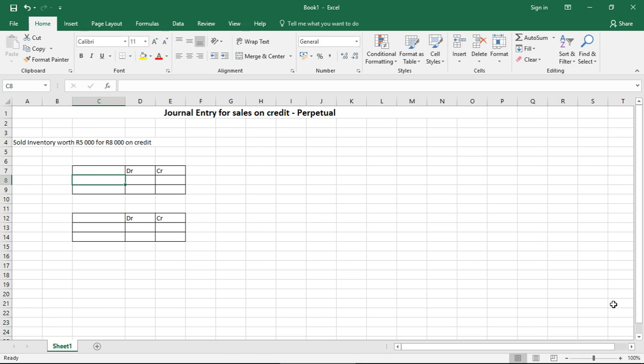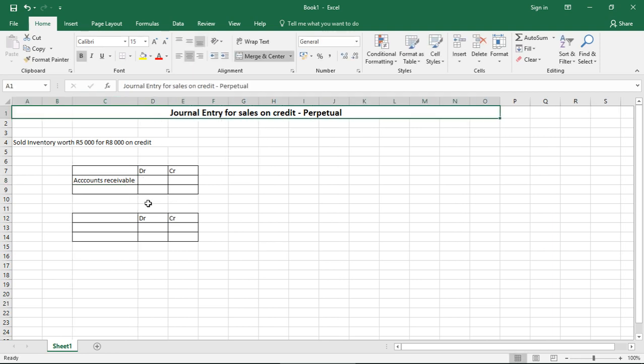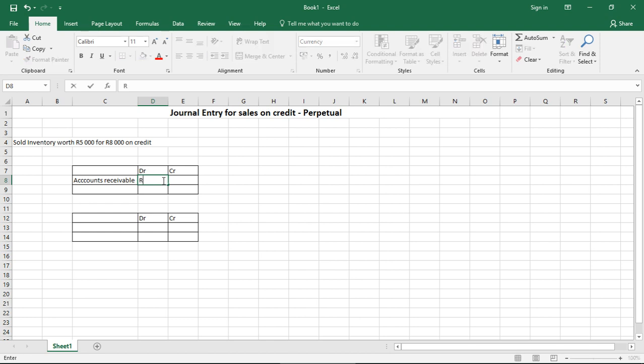If it's on credit, we debit the accounts receivable or debtors account for 8,000 rand, because that's the sale amount, or how much the debtor will owe us, and then we credit sales, because it's inventory that we're selling.